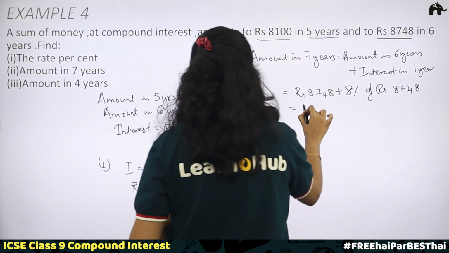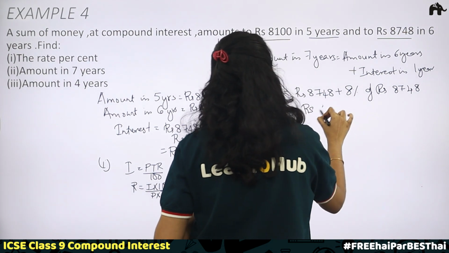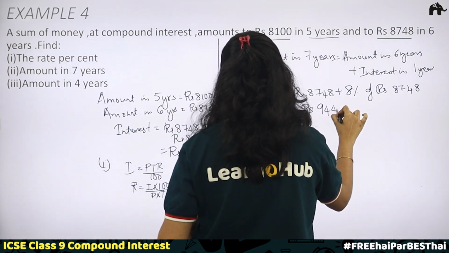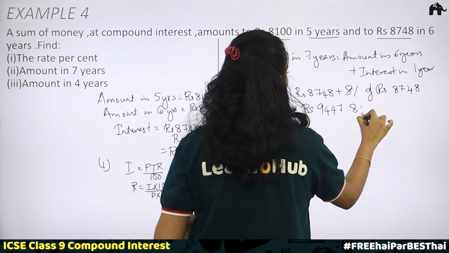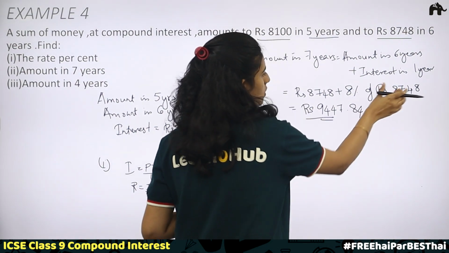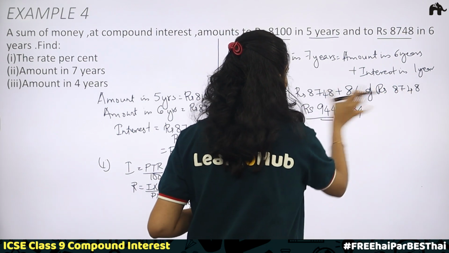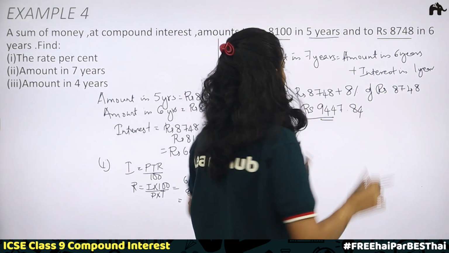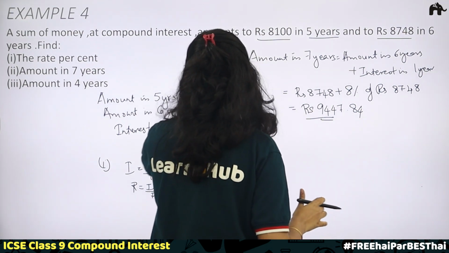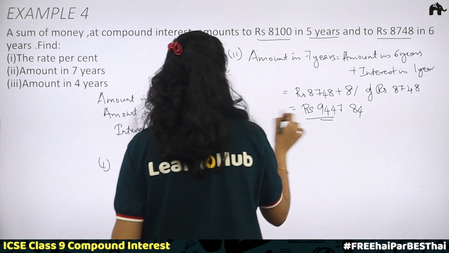When you calculate, you will be getting rupees 9447.84. So 8% of this you will find first and add it to it, and your final answer will be rupees 9447.84. This is how you can find the amount in 7 years.